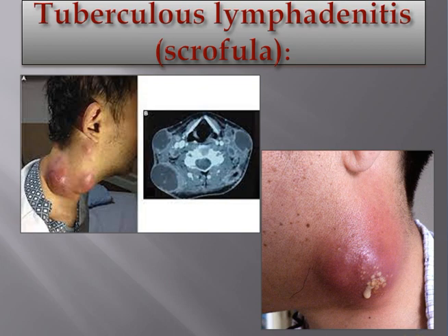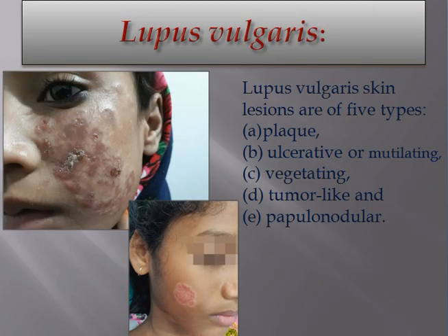The next form of orofacial tuberculosis is lupus vulgaris. Lupus vulgaris is the most common form of cutaneous tuberculosis found in individuals with moderate immunity and a high degree of tuberculin sensitivity.